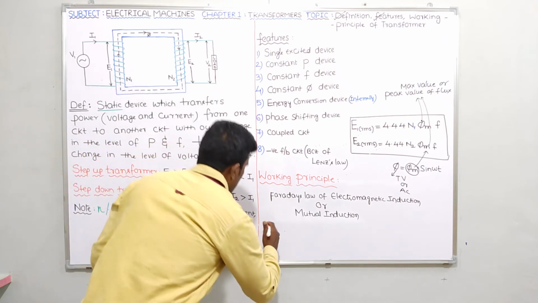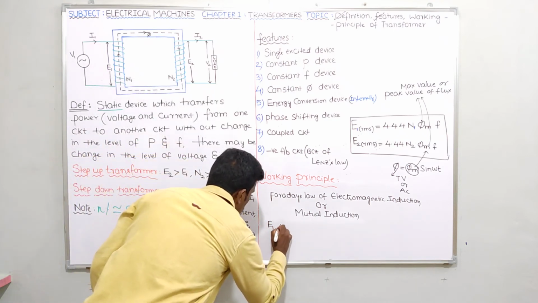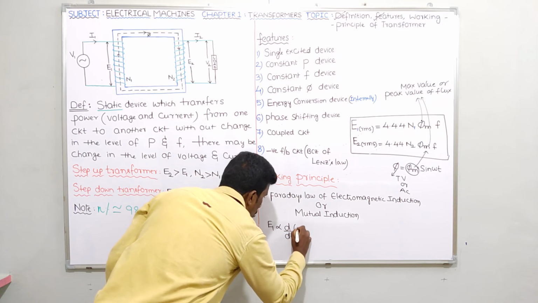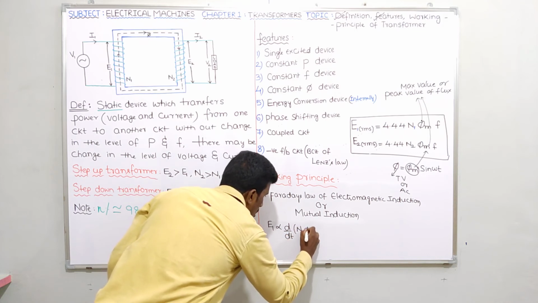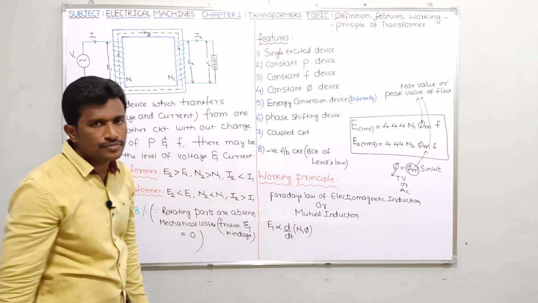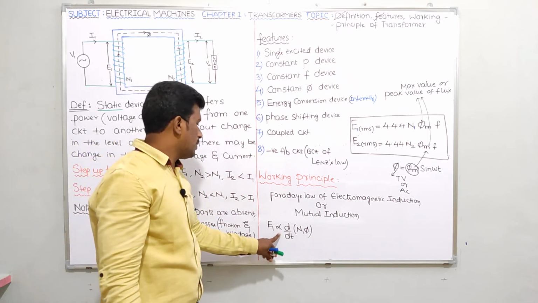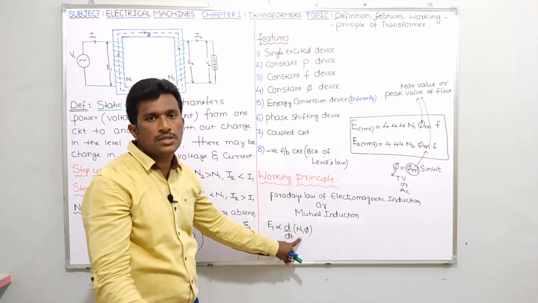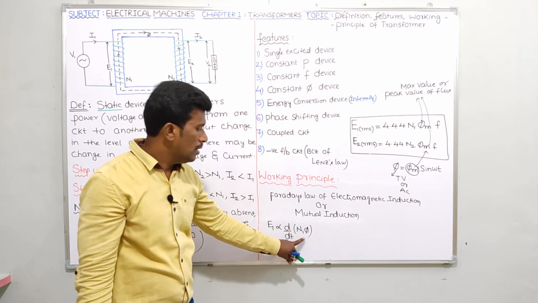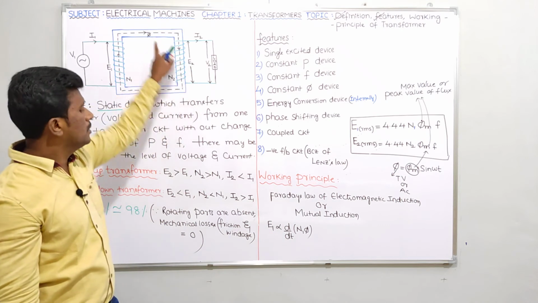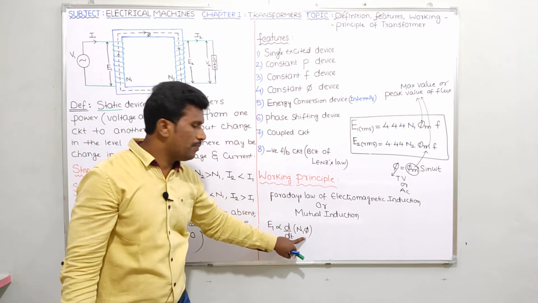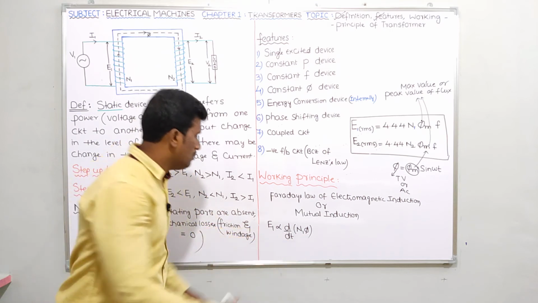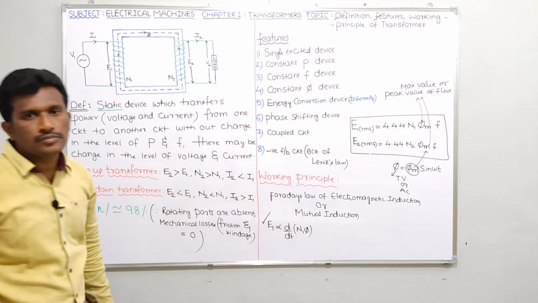So in primary winding, E1 is proportional to d by dt of N1 into phi, the rate of change of flux linkage. It is possible because phi is time variant, so N1 phi is time variant, and EMF will be induced in primary winding.